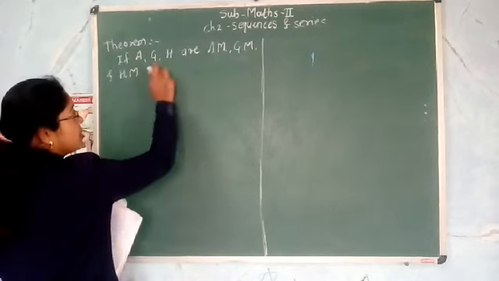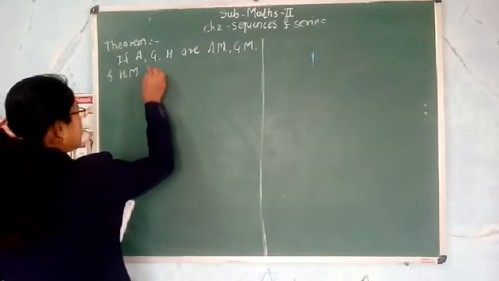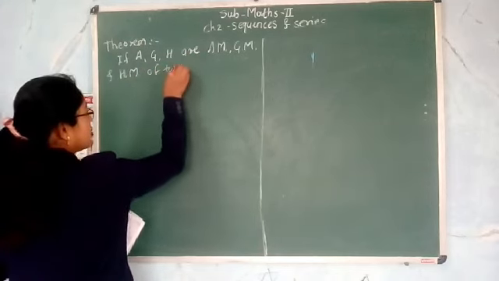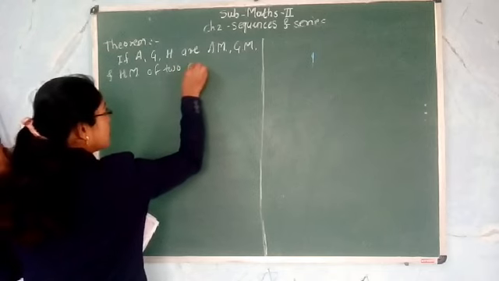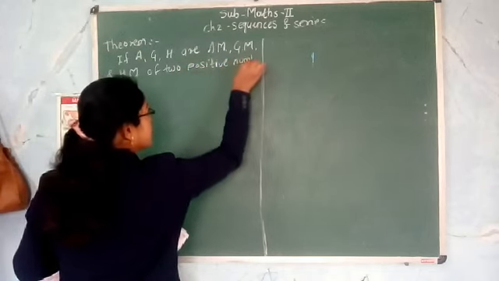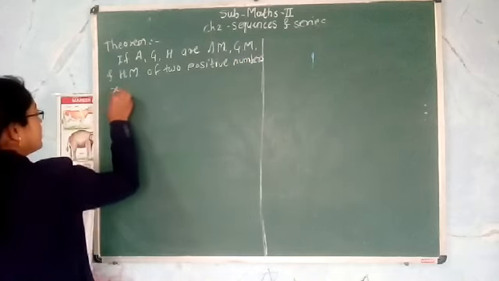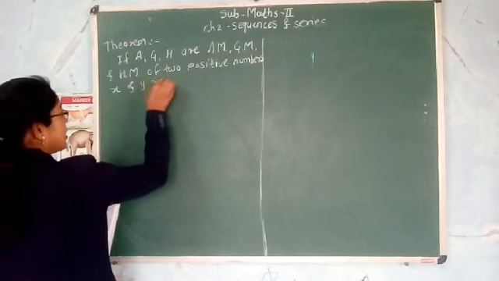A is arithmetic mean, G is geometric mean, and H is harmonic mean of two positive numbers x and y respectively.